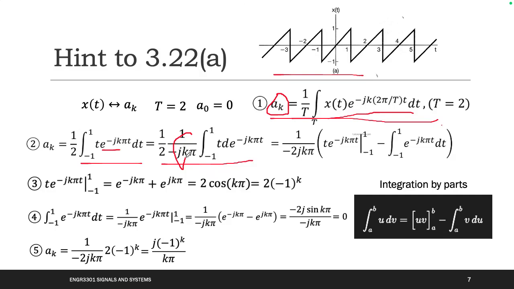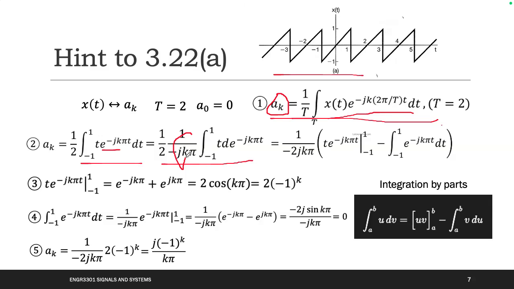It's because you took it relative to t. After that it's just like a negative, the negative jkπ e^(-jkπt) dt, am I right? No dt, it's just this one. So you can see if you just divide this one and then put it inside. Any question?